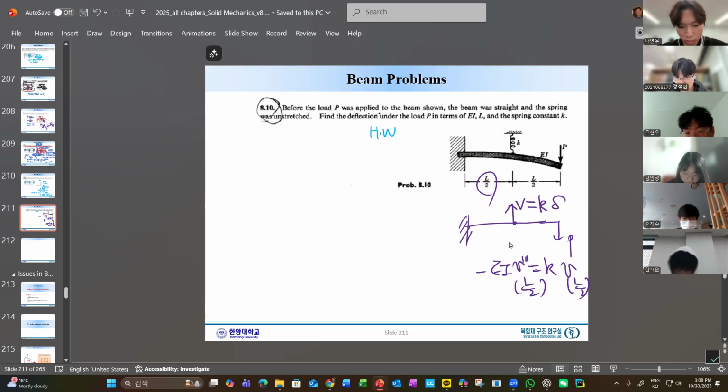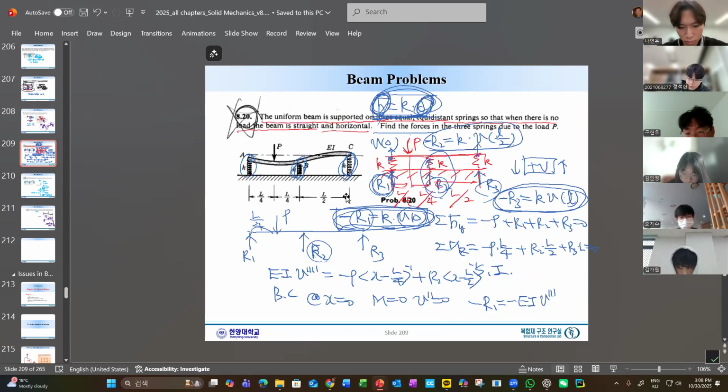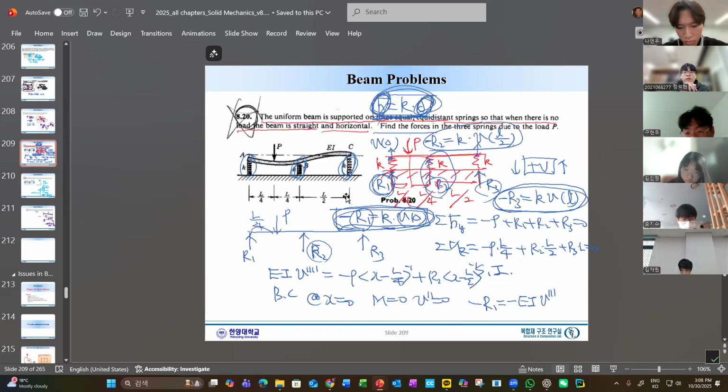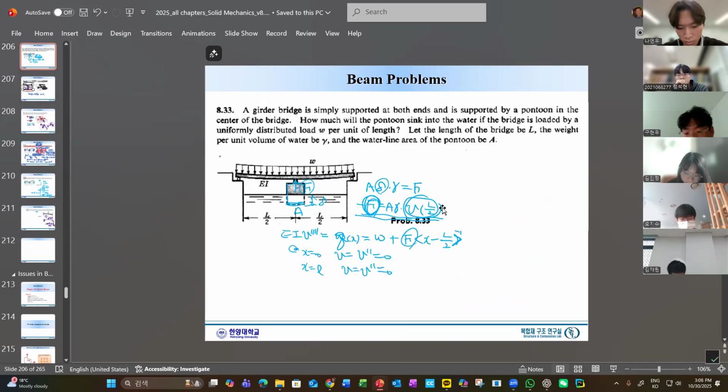But engineering wise, you need to know how to impose this boundary condition and the deflection condition and so on. And same for here. You need to get yourself familiar with these types of problems, the combination of a geometric constraint and the regular beam theory and so on.